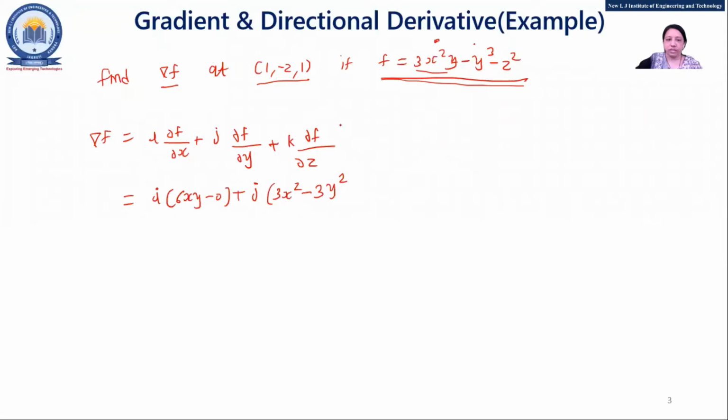Now this is del f by del y, 3x square minus 3y square. Okay, plus k, now del f by del z.